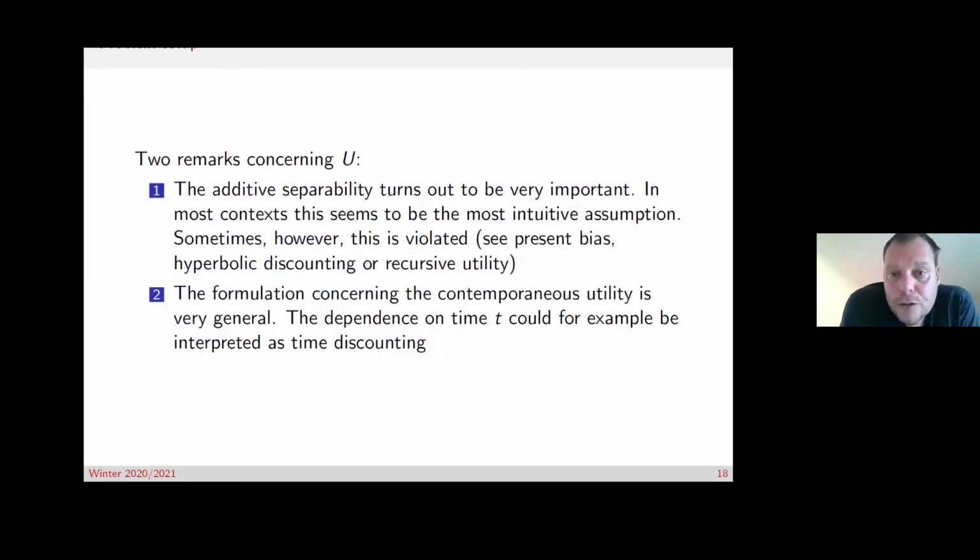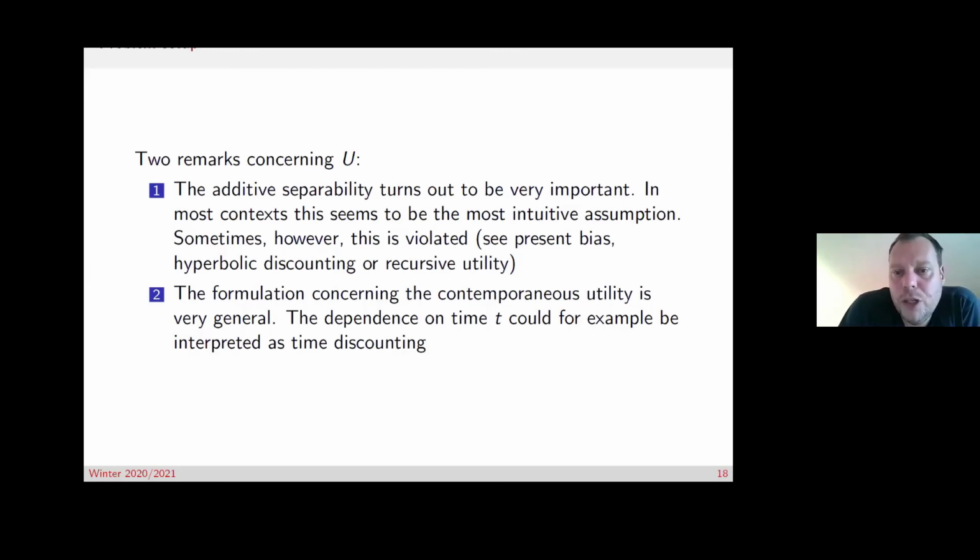Again, in many contexts, this seems to be intuitive. But in other contexts, sometimes this turns out to be violated. This is especially true in many situations when you think about the behavioral things that economists tend to consider.